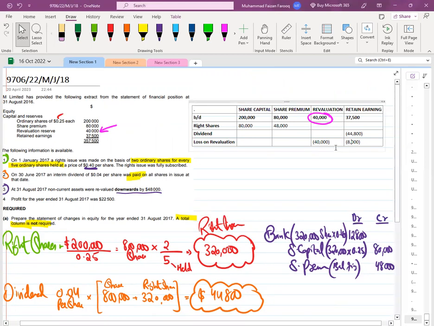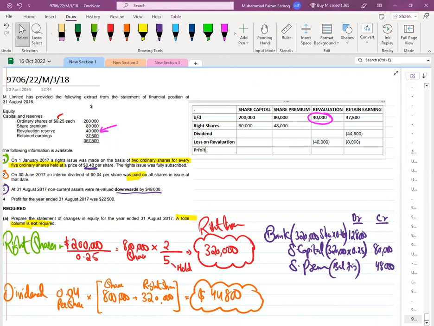Yes, profit for the year ended 31st August. What are we doing? Profit for the year is going to be added. In which column? Retained earnings?